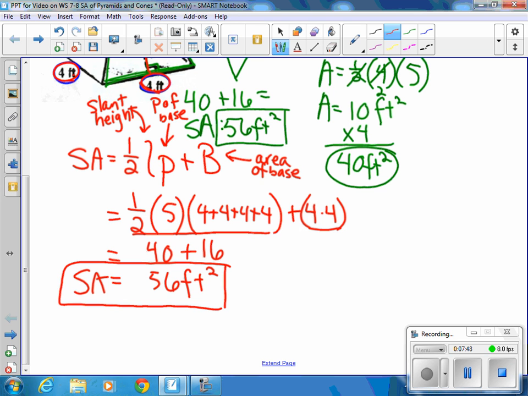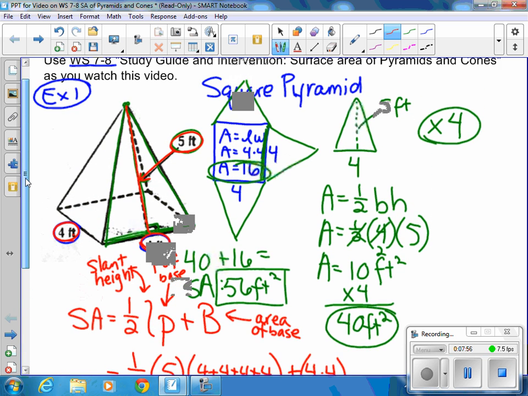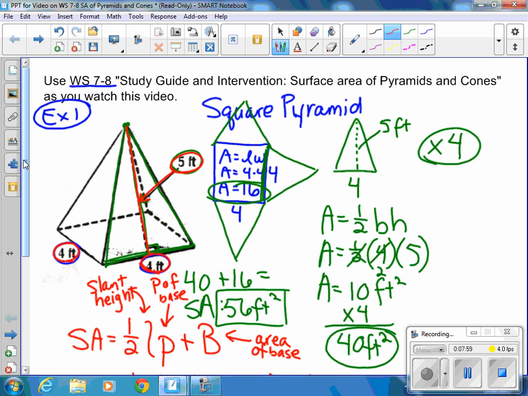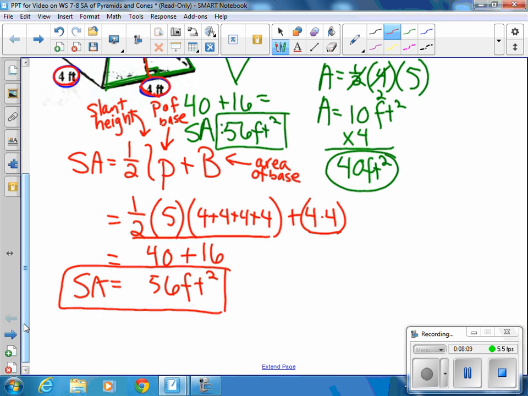You can see it's the same idea, just using the formula instead of breaking it down into all of its parts. So however you like to do it is fine. If you want to do both ways as you're taking a test to check, that's a good idea. But obviously for homework, pick which one you're comfortable with, and as long as you're getting the right answer, you're doing great. So whatever one you're comfortable with.